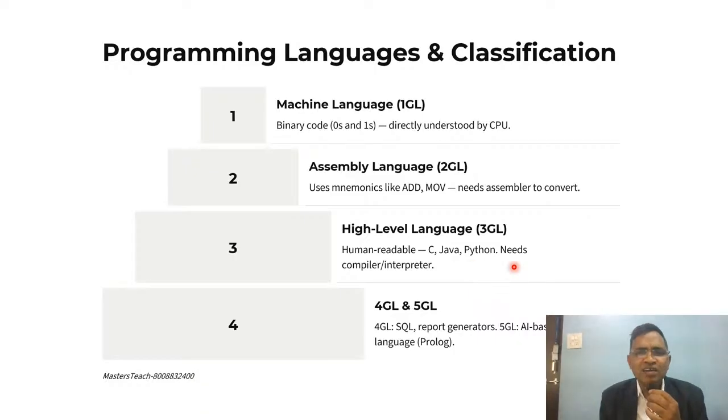Then high level languages, Java, Python, etc. Then 5GL and 4GL. 5GL is AI based, with natural language, something like that. 4GL is SQL, the report generators. So the languages are machine language, assembly language, high level language, and 4GL and 5GL.